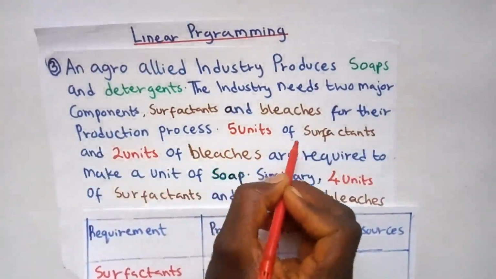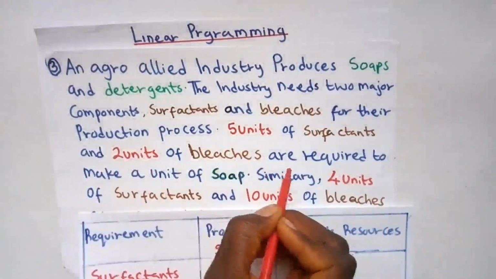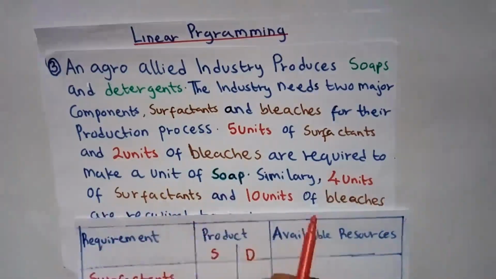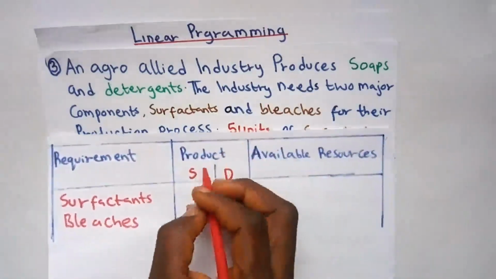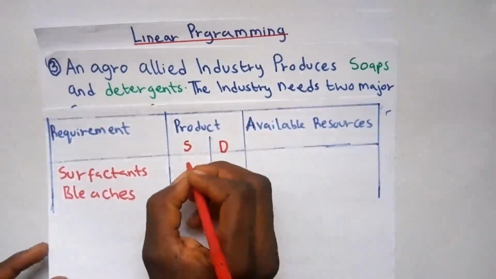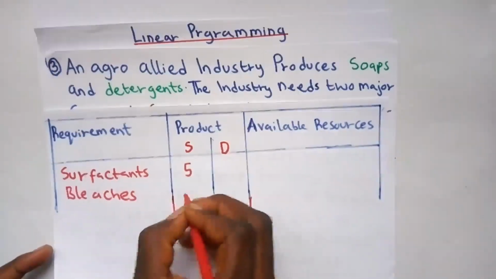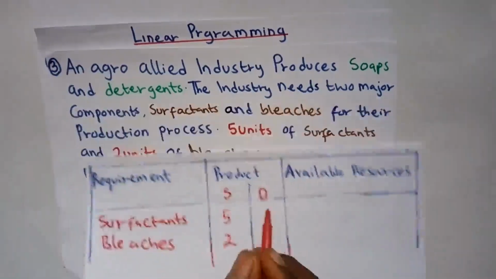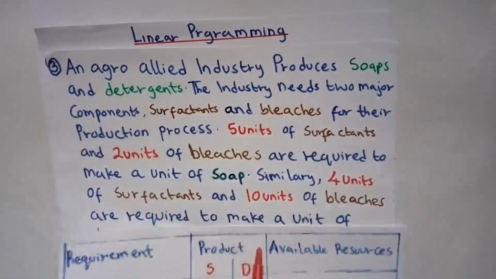5 units of surfactant and 2 units of bleaches are required to make a unit of soap.